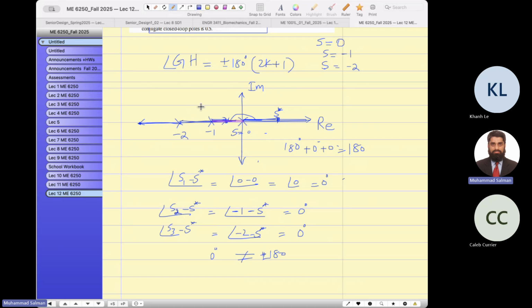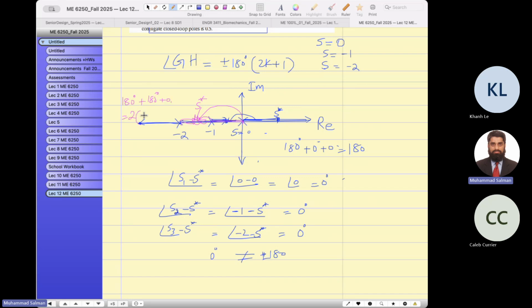So let's test this area. Is this area included in our root locus or no? So look, what is the angle from this pole to this test pole? This test pole is located here. It is 180 degrees for the first pole, and from here to here is 180 degrees, and from here to here the angle is 0.